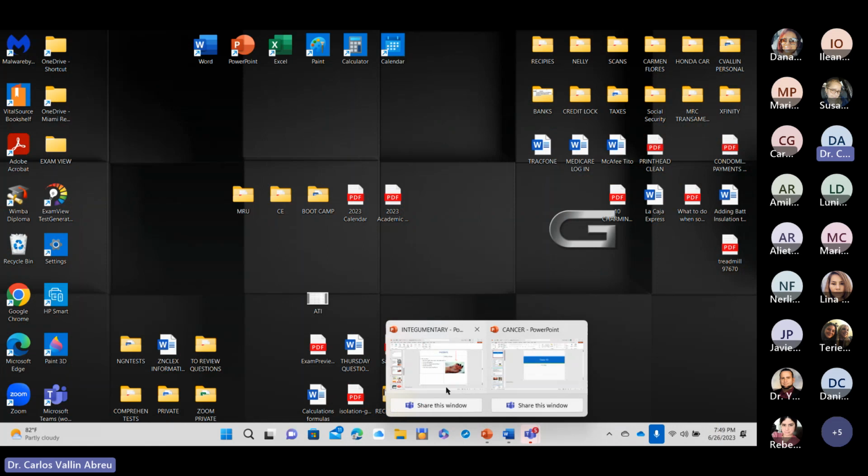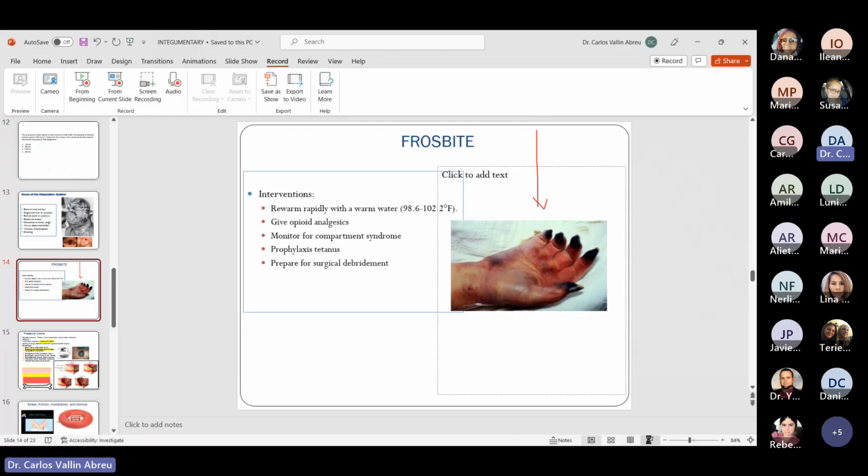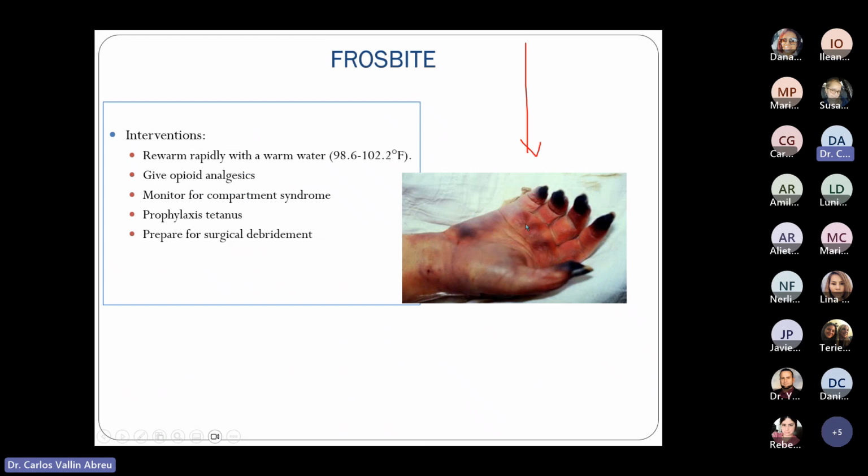This is frostbite. And the question that has been asked about frostbite is whether you are aware that it is a condition that requires rewarming, and how you do the rewarming with warm water or moist compresses. So you can submerge the hands in warm water in this range of temperature, or you can cover with gauze or compresses soaked with warm water, warm normal saline.